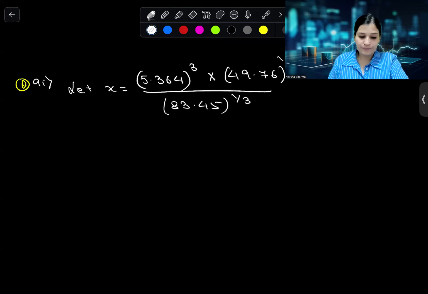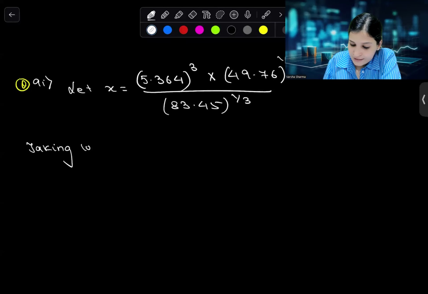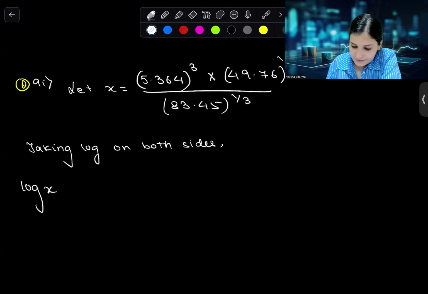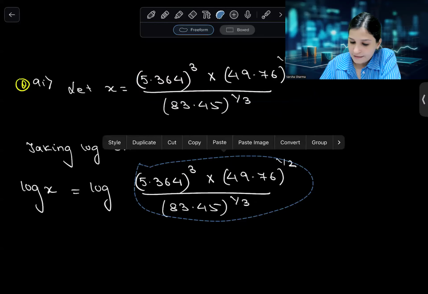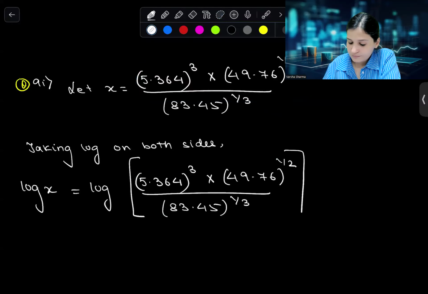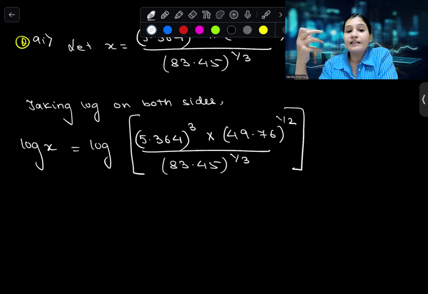Is it okay? Now we'll take log on both sides. The main application of logarithm was to find values of these sums, right? Taking log on both sides, this is log x, and this will be log of the entire expression. So now applying the formula.